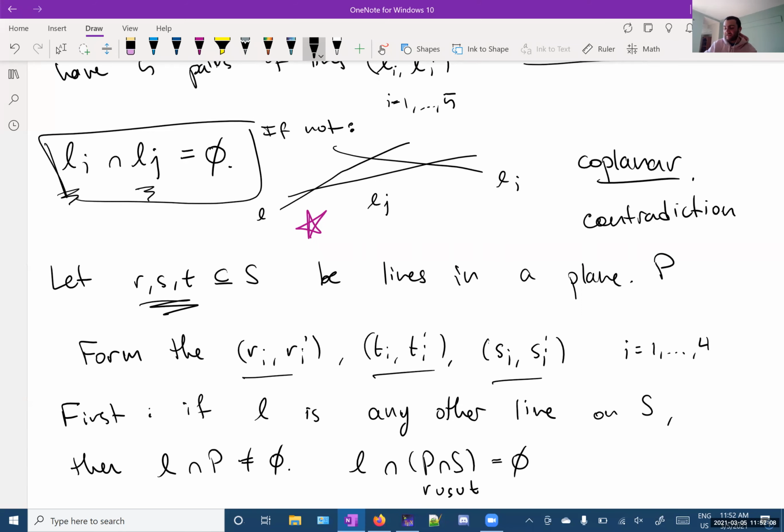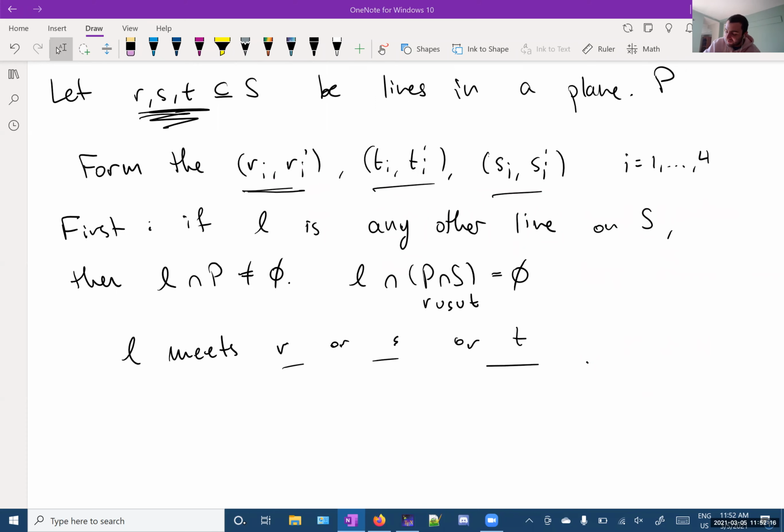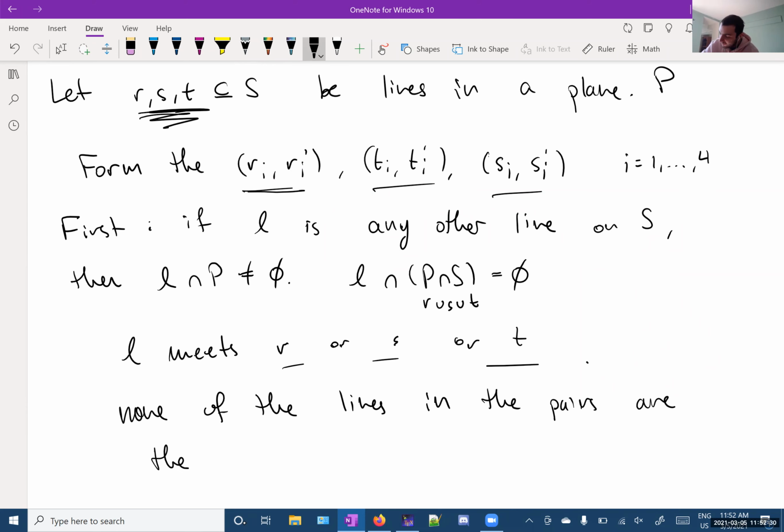But that's bad because the plane defining this is different from the plane defining this, right? So none of the Ri and the Si in the pairs are the same.